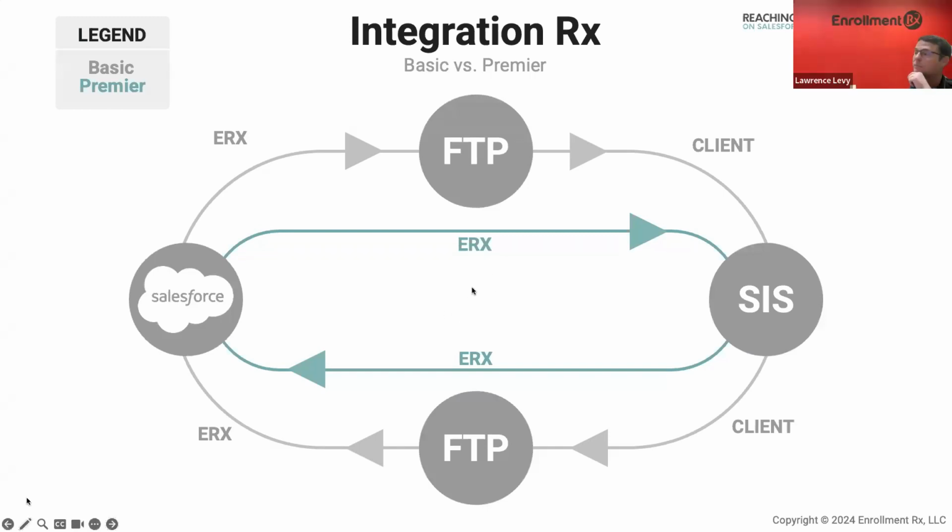We do have clients where we're using Premier for moving data, both the first pond slide and the second. We also have clients where we might be doing Premier writing to their SIS, but when we pull data from their SIS, we're actually using Basic.